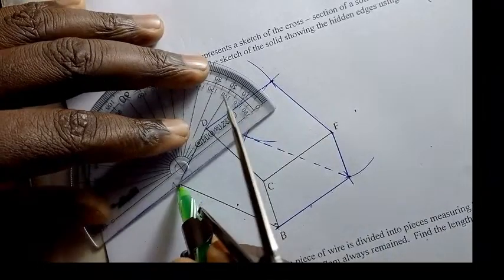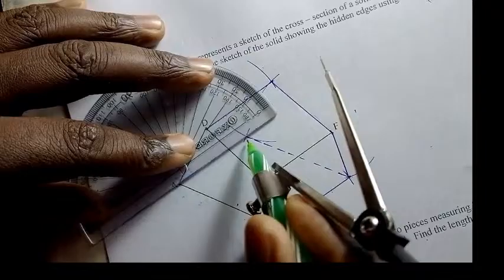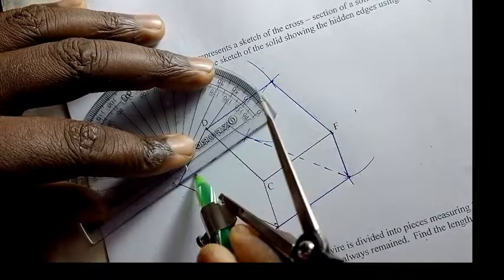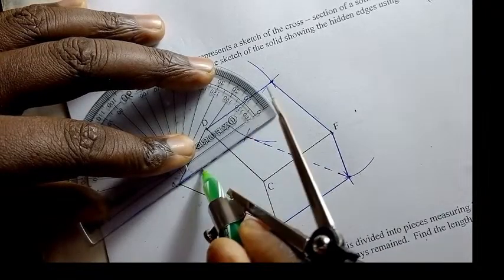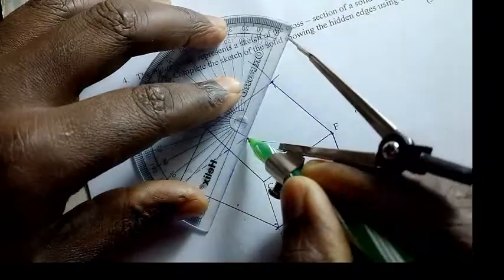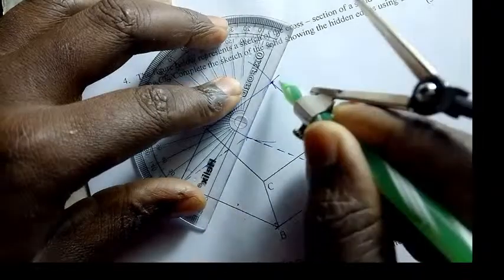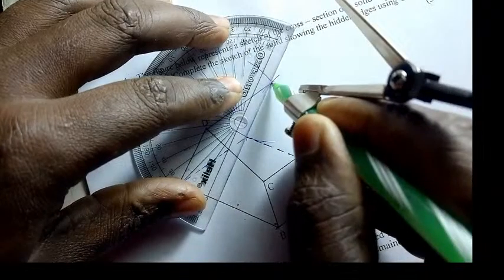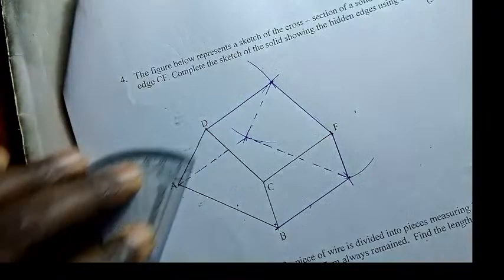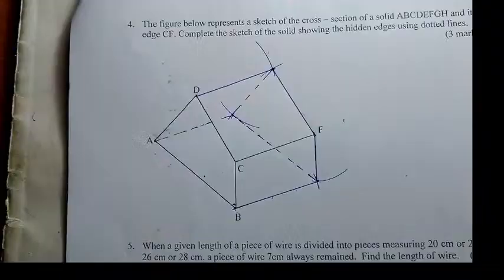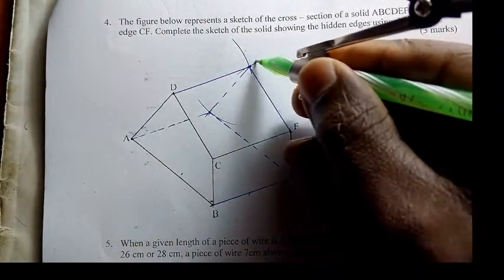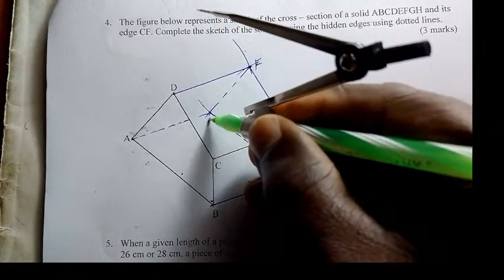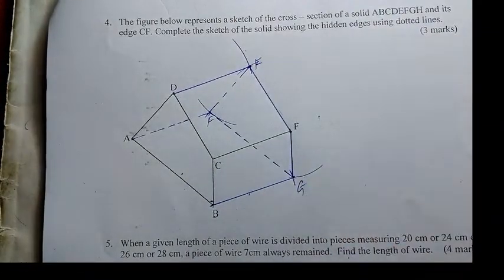Stand here and there, use dotted line, and then from here to this point, use dotted line, like this. Wow! Now you see you have your figure perfect. E, F, G. You can give it like that.